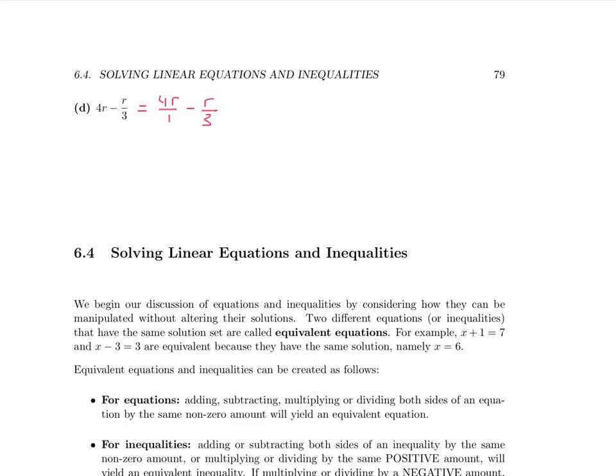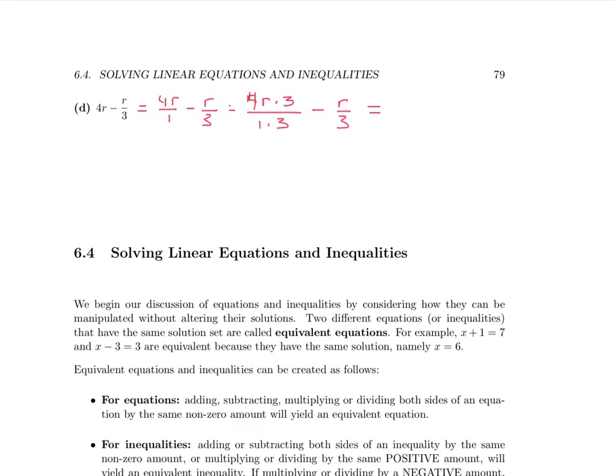Now, to subtract these two fractions, I need to make sure that the denominators are the same. I can change this denominator to a 3 by multiplying the current denominator by a 3, but then I'll also have to multiply the numerator by a 3 as well. So we will arrive at 4r times 3 divided by 1 times 3 minus r over 3.